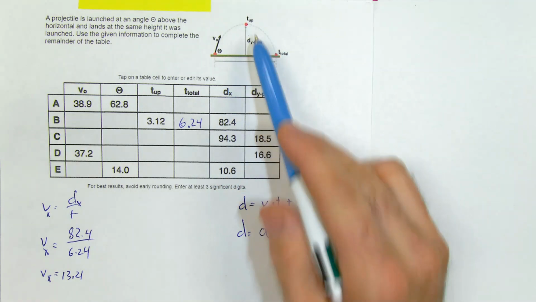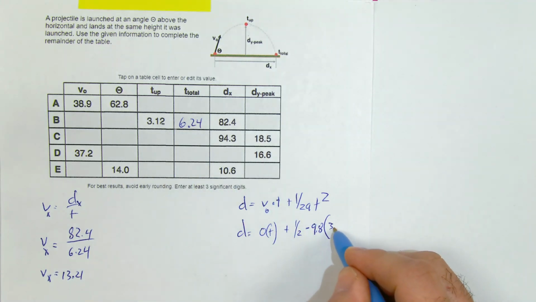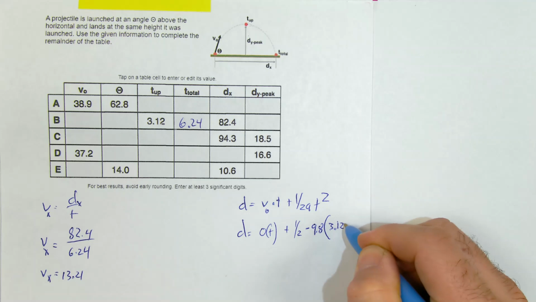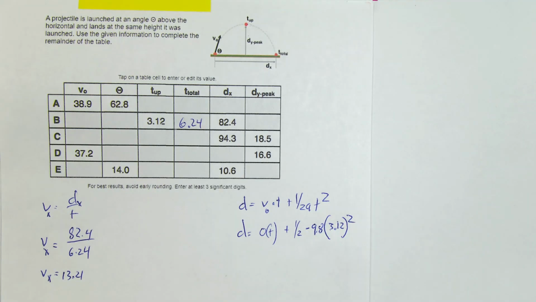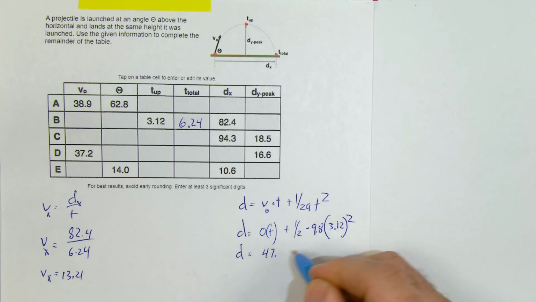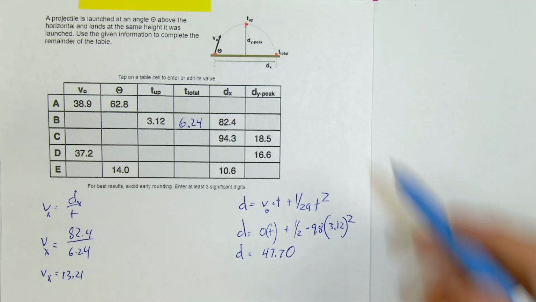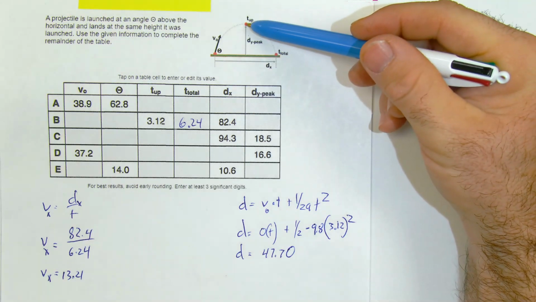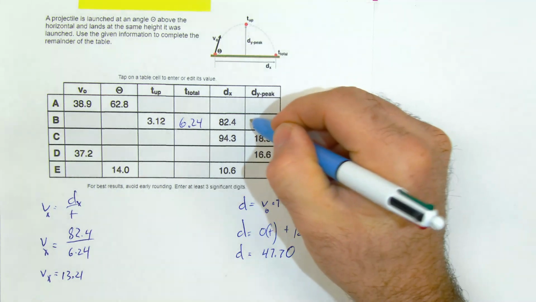We're just wanting this little section of time, so we want that t up. That'll be squared. So that's going to mean distance is going to equal, if you run that math, 47.70. What that tells us is this section here would be 47.70.